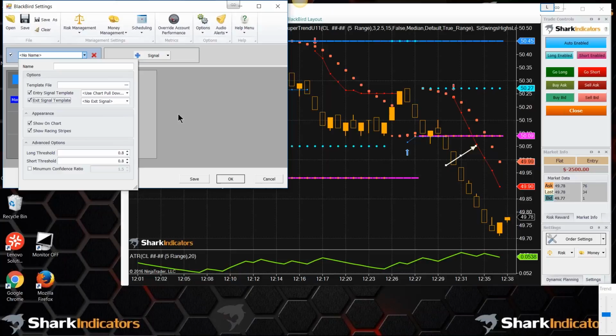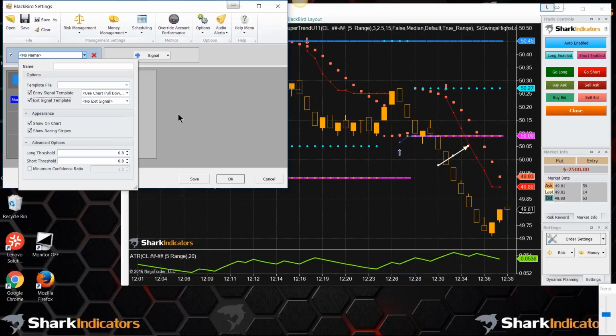Assuming that your Bloodhound logic is using other time frames, you want BlackBird to be running on the smallest or fastest time frame, and then Bloodhound will be looking up to slower or longer time frames.